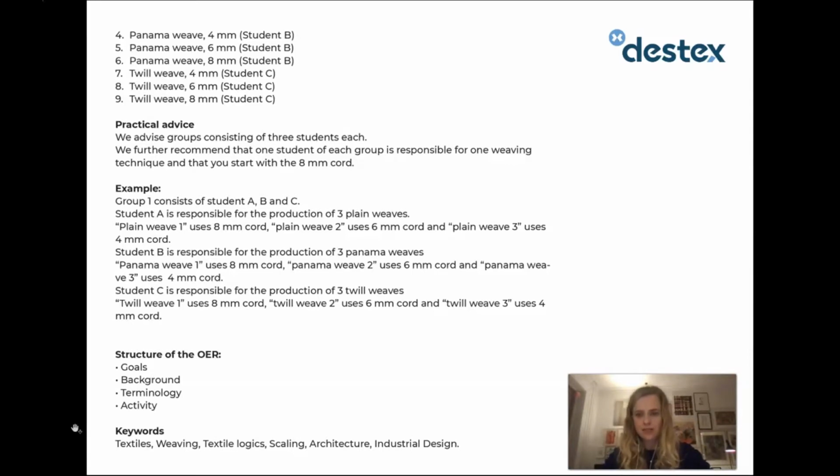Group 1 consists of student A, B, and C. Student A is responsible for the production of 3 plain weaves, starting with 8, followed by 6, and concluding with the 4 millimeter cord. Student B is responsible for the Panama weaves, starting with 8, followed by 6, and finally using the 4 millimeter cord. And student C is responsible for the production of 3 twill weaves, starting with 8, followed by 6, and concluded by 4 millimeters.